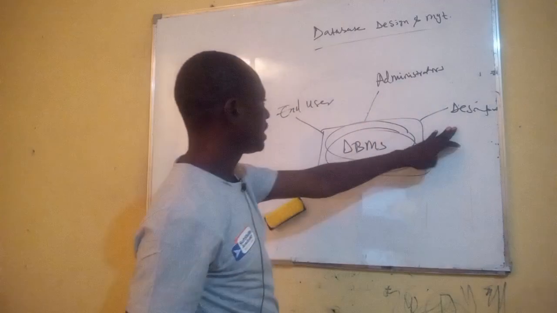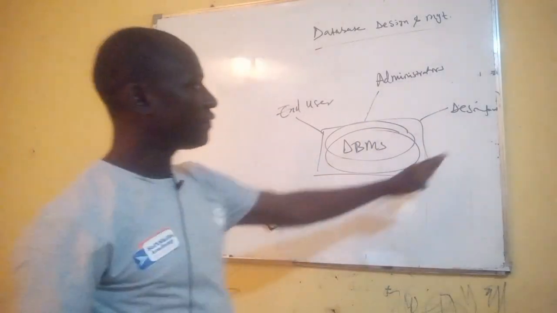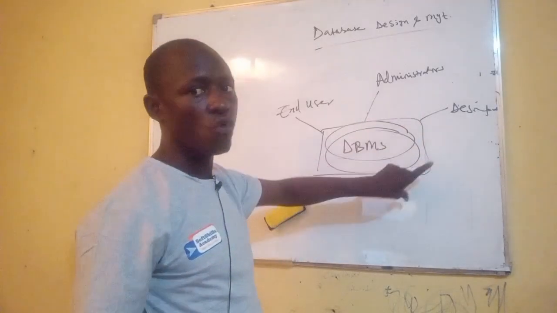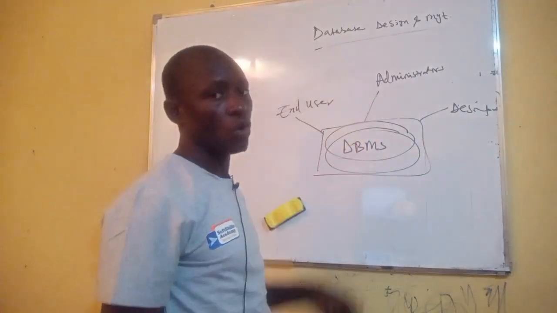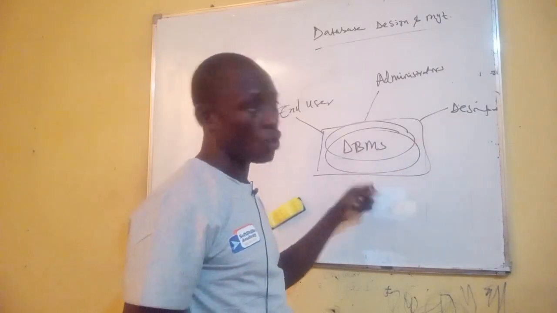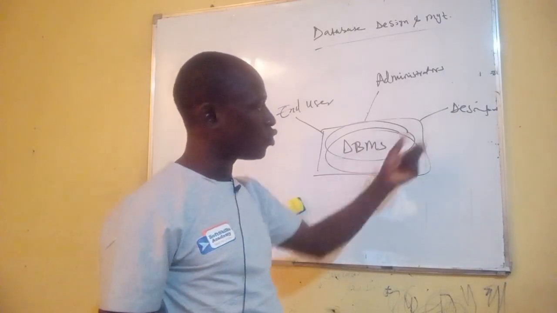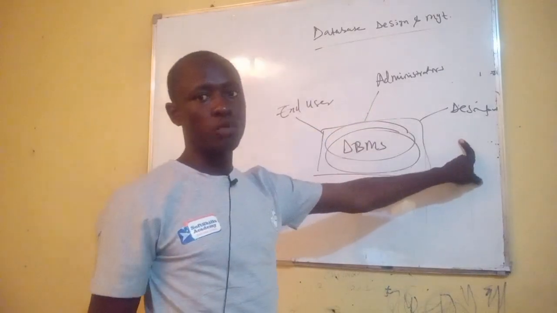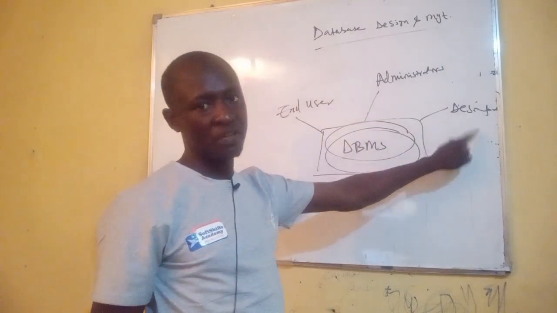Administrators are here, designers are here, end users are here. If you design this system and you are not releasing it fully to your client, it means you are going to maintain a designer's privilege in this system, so that both the end user and administrator cannot have access to this privilege.